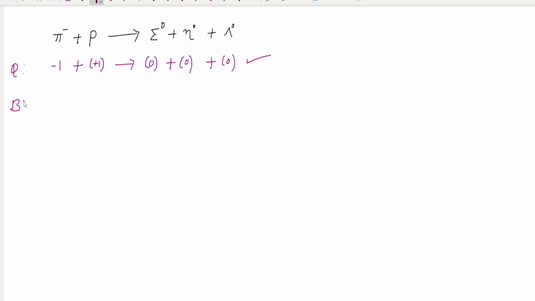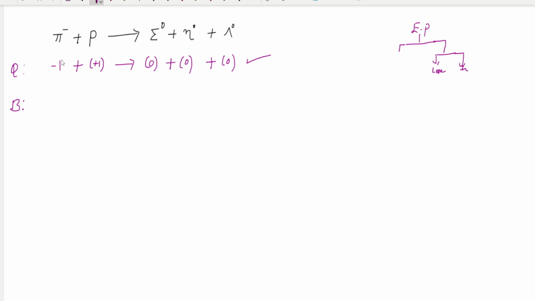baryon number. What is the baryon number of this? Pi minus is a meson, right? Elementary particles are divided into two types, bosons and fermions. Fermions are again divided into two types: light particles, leptons, and baryons. In the case of hadrons, you need to add the K mesons. Mesons are also there, so in the bosons category you need to add both. Here the baryons are heavy particles.